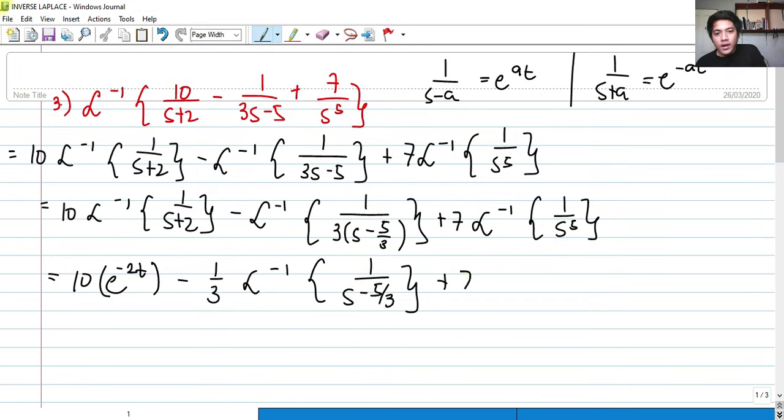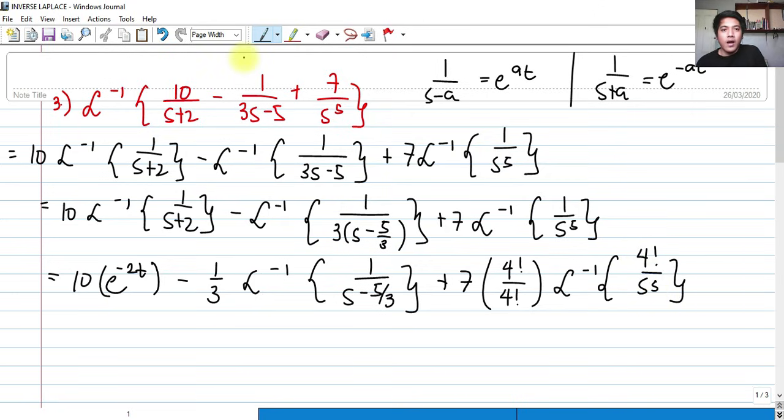Plus, in this inverse, since this is 5 minus 1, we have 4 factorial. I can multiply and divide by 4 factorial, so that this inverse Laplace transform becomes 4 factorial over s raised to 5, readily available for transformation into its inverse.